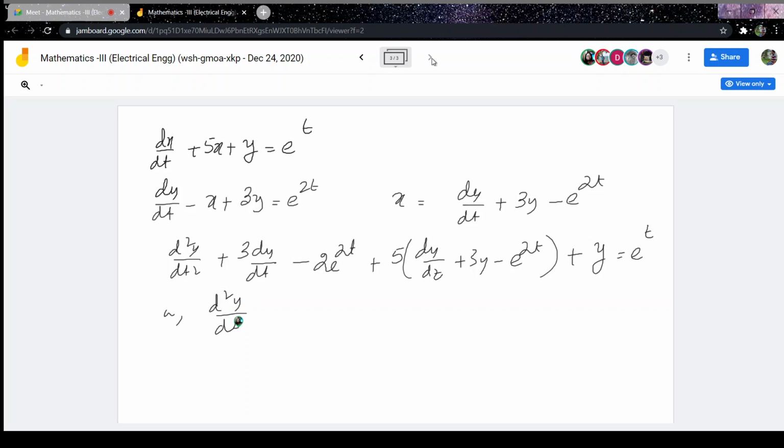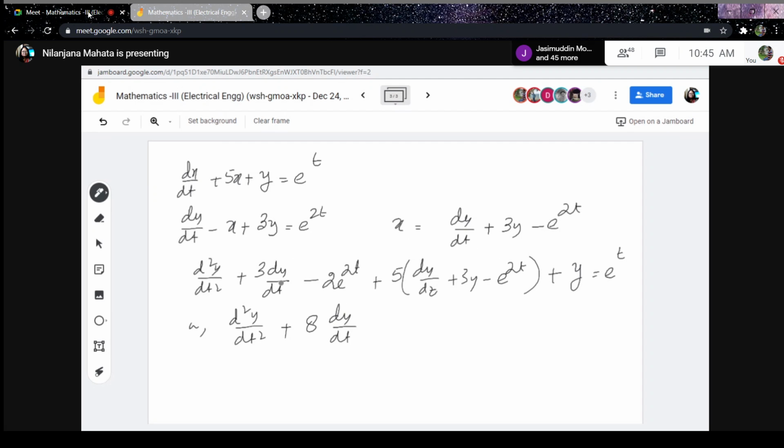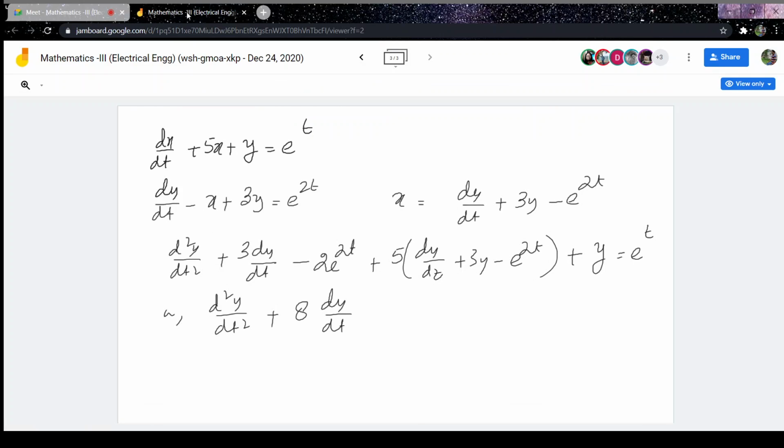or d2y/dt square plus 8 dy/dt, and I am replacing here, so 16y minus 7 e to the power 2t.